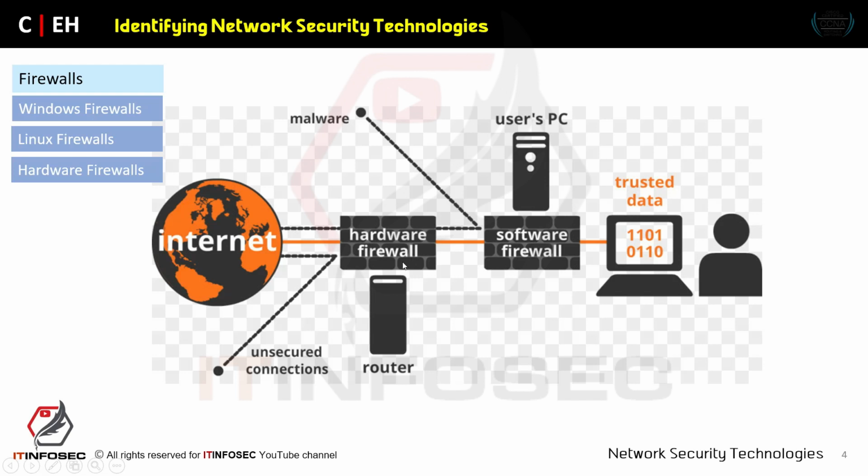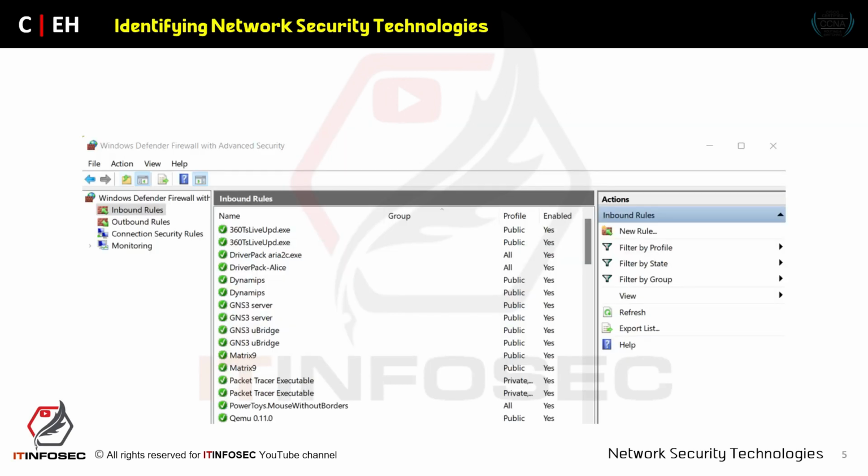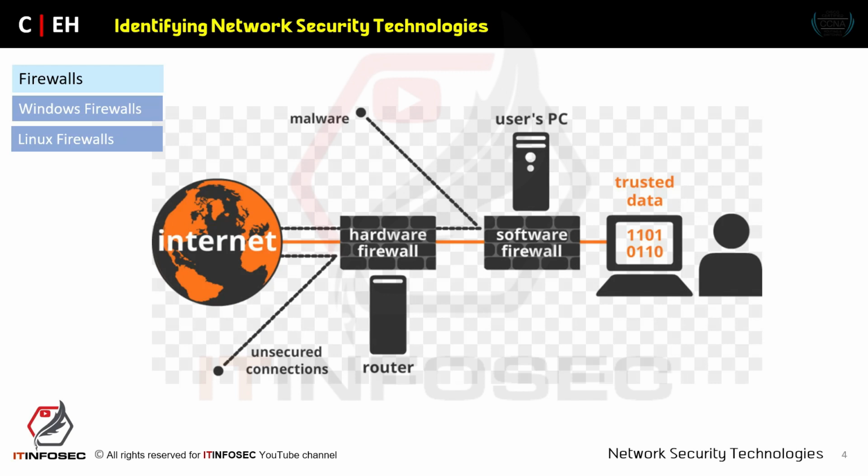Whether it may access our data or not is defined in rules or policies that are configured in that firewall. The firewall may be hardware or software. If it is software, it may be Windows-based or Linux-based.